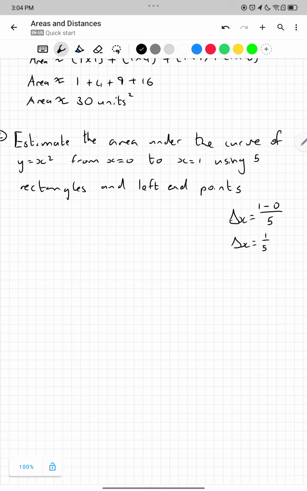So let's draw our Cartesian plane. This one should be a bit smaller, but I'm going to increase it so you can see what's going on.